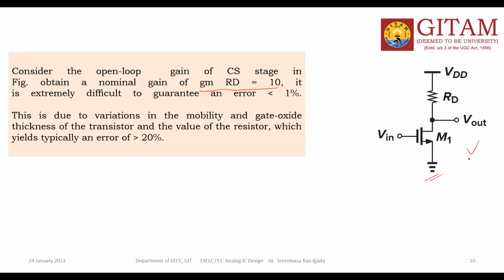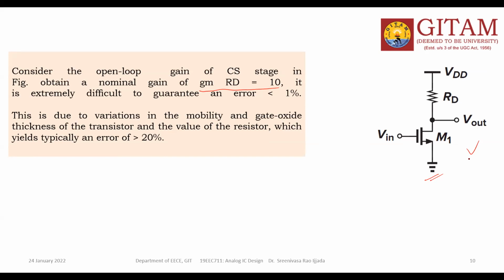In the previous example, the final conclusion was to get a gain error less than or equal to 1%, how much open loop gain should be there? We need 1000, or 10 cube. The A1 open loop gain value should be 1000.